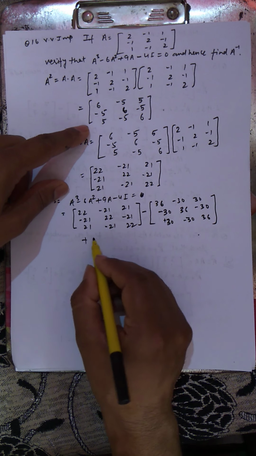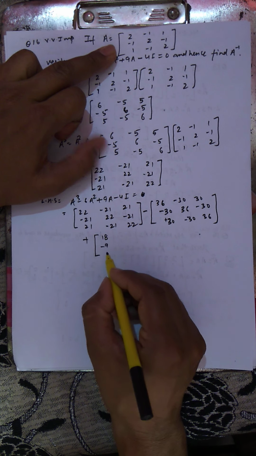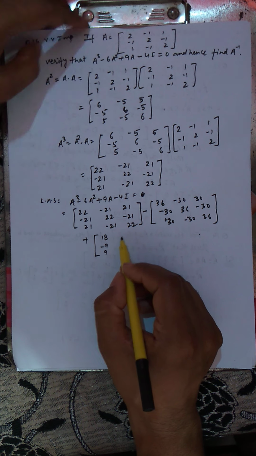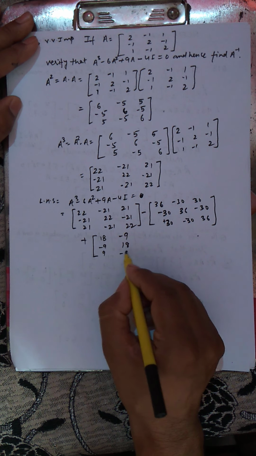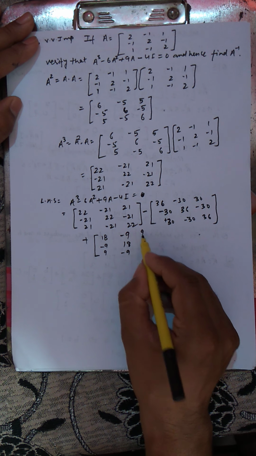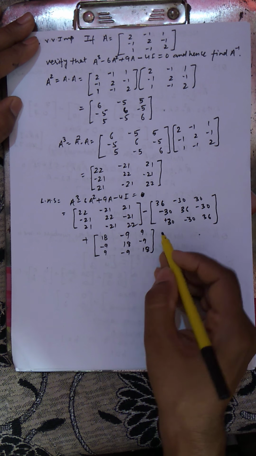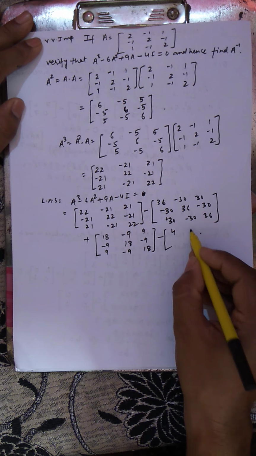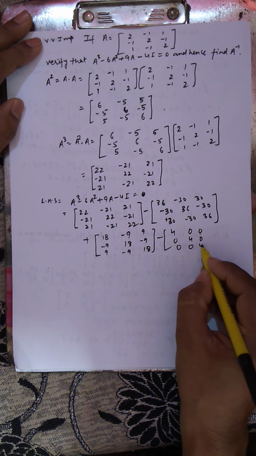Again we multiply directly. 9A will be 9, -9, 9; -9, 18, -9; 9, -9, 18, and this is minus 4I, so 4I will be 4, 0, 0; 0, 4, 0; 0, 0, 4.